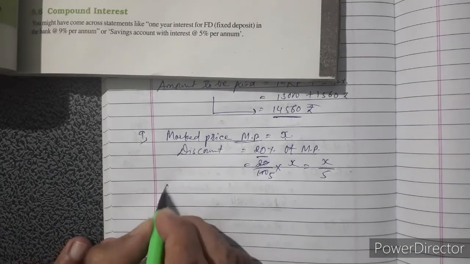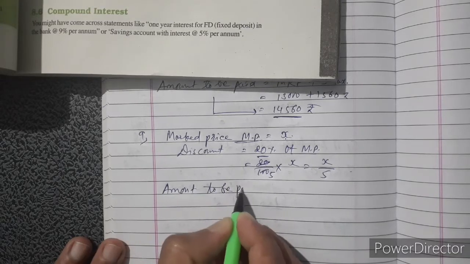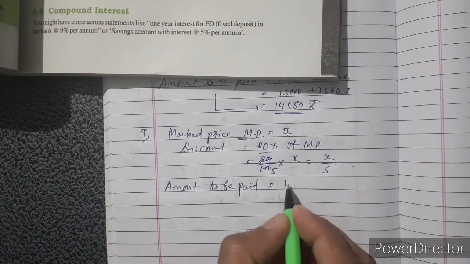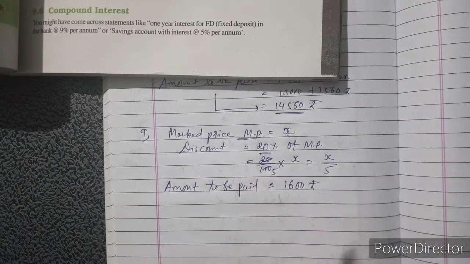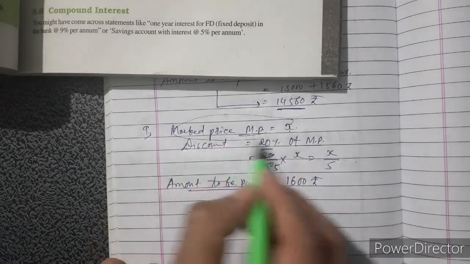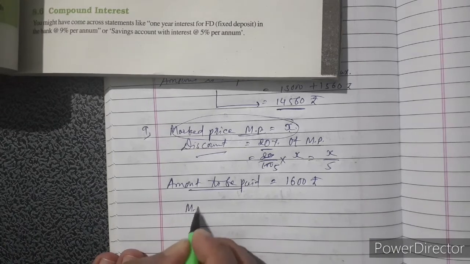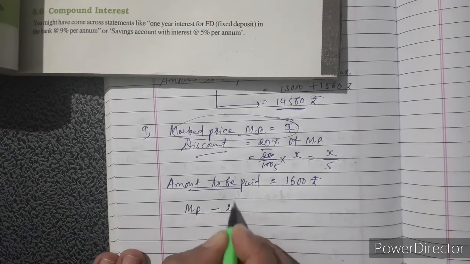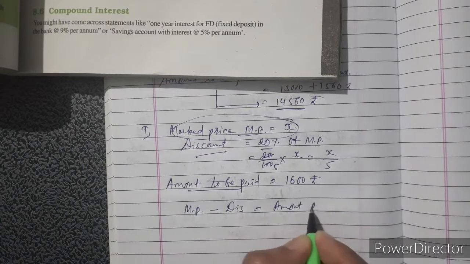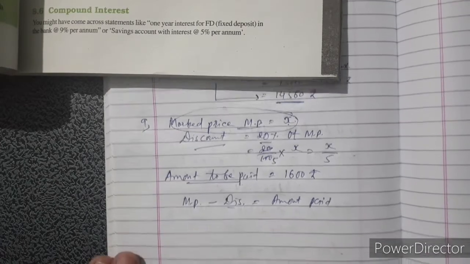And the amount to be paid: he paid 1,600 rupees. Now the amount paid means the MRP minus the discount, that means mark price minus discount equals amount paid, because the discount is cut from the mark price.